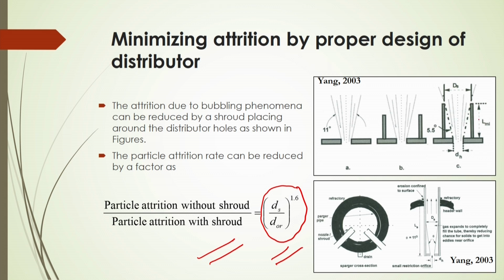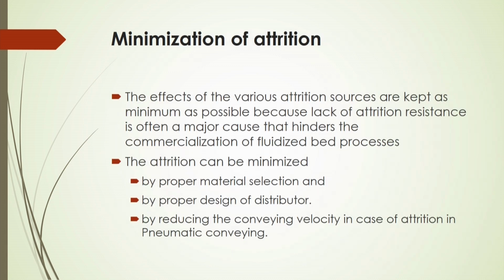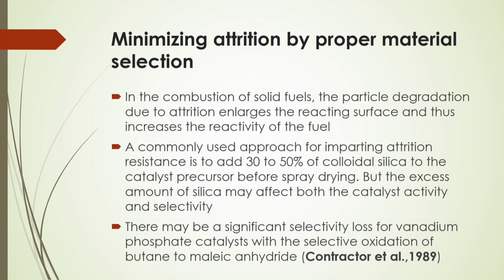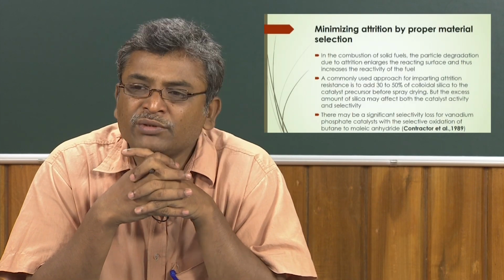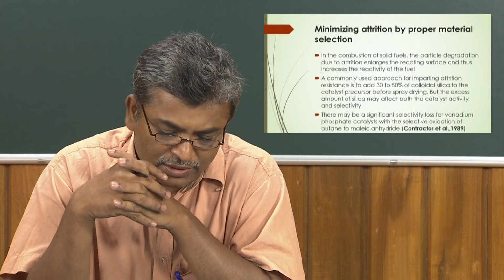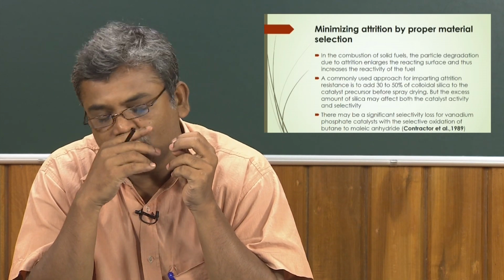Here it is shown in the picture how shrouds should be placed or designed for this fluidization operation. Another important point is that you have to choose the material properly so that attrition is less, and the material properties should not change significantly with pressure and temperature. So, you have to use those materials.